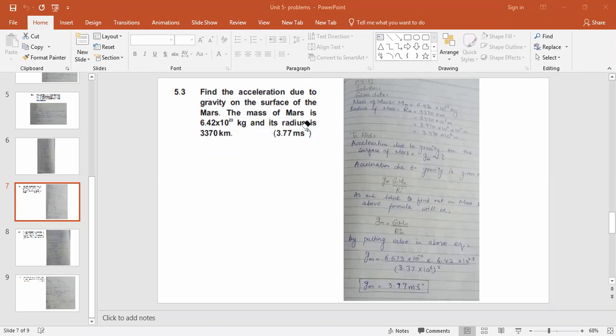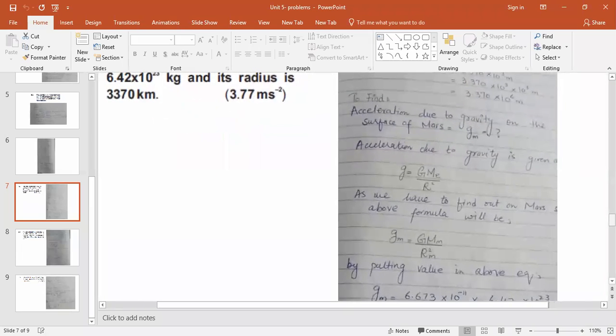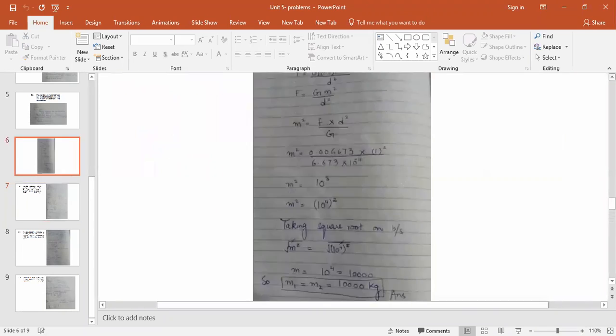And we have to find out the acceleration due to gravity on Mars. So first of all, what you have to do, you have to write the data that is given to you, and what you have to find out, you also have to write in your notebook.